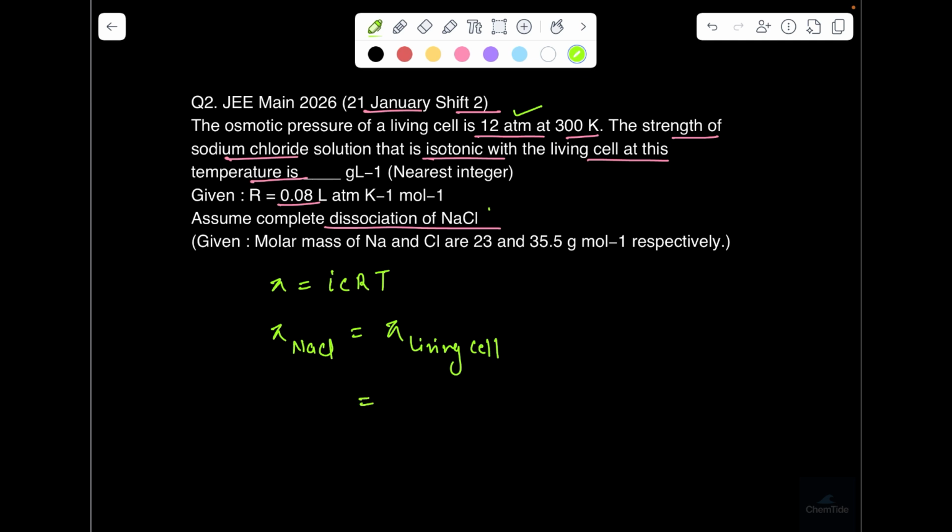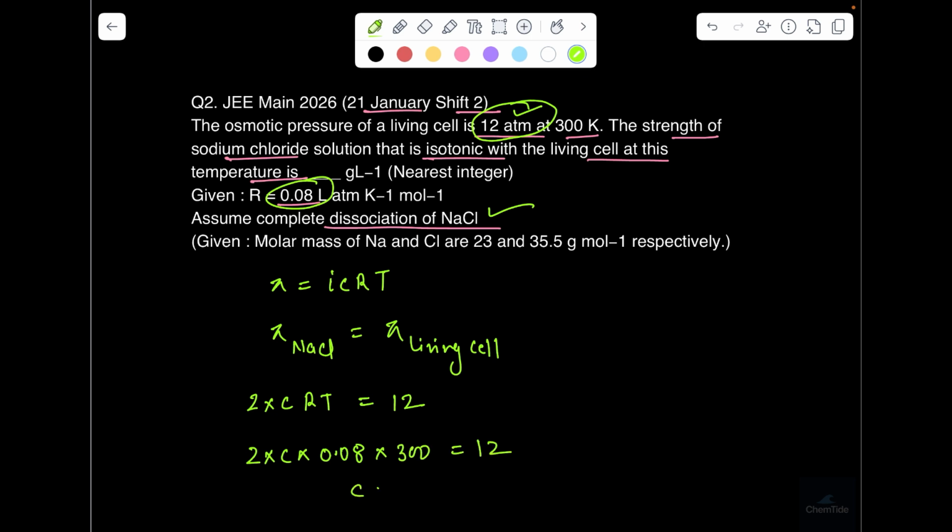Since they are saying complete dissociation, the i value is 2, so we will write i, C, R and T, and for the cell the i value is 1. Anyway, they have given the 12 atm directly, so we can apply the 12 atm directly. So 2 into C, R value 0.08 as they have given, temperature is 300, would be equal to 12.